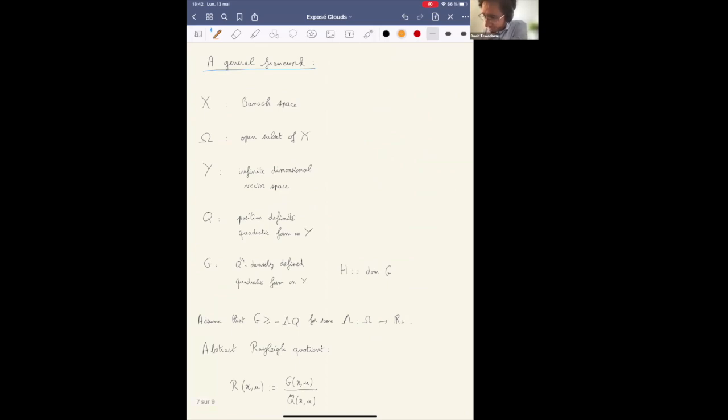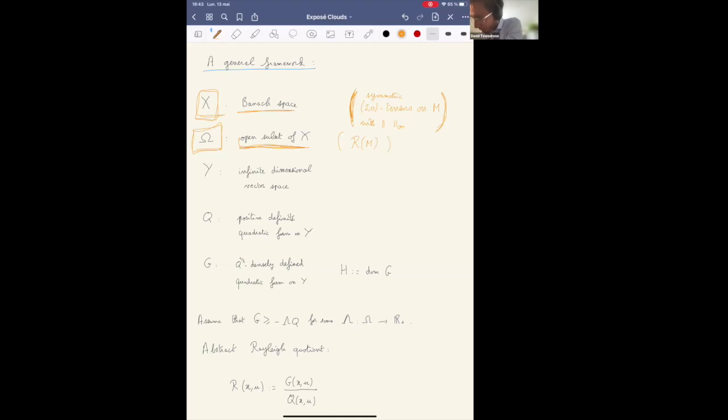The first one is some Banach space X, which you can think of, for instance, as a space of symmetric 2-0 tensors on M. Then inside this big Banach space, we consider an open subset omega, and you can think of this as a space of Riemannian metrics.